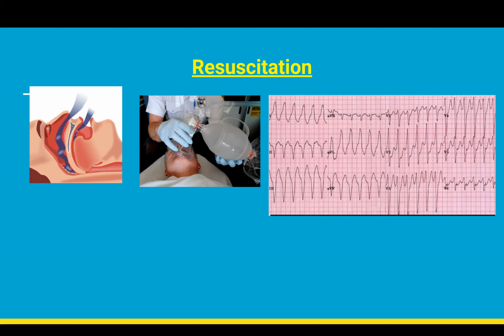But what we do find is that lignocaine is a really good adjunct to help them get out of these, especially when it comes to your, we'll call them street drugs or illicit drugs. They do impact on the sodium channels often, as well as your alpha and beta receptors, and that's where lignocaine, being an alpha antagonist, is going to help us get these patients out of dysrhythmias.